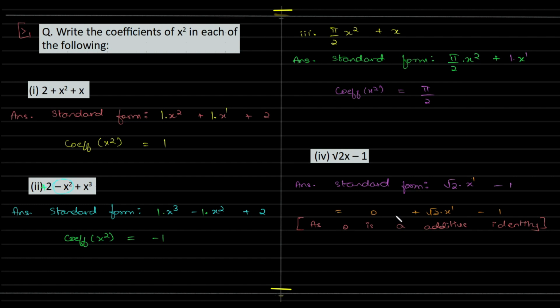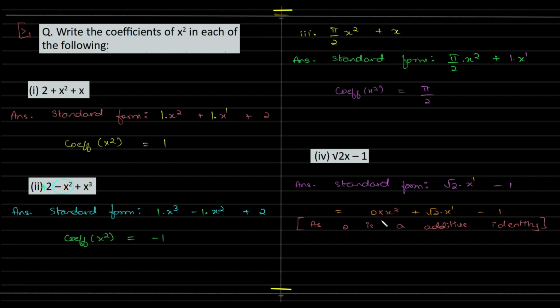Right? 0 plus 2 is 2. So I can just add 2 to this expression, things won't change. Can I multiply this with anything? Because 0 into something is 0 itself. So 0 into x square is 0. So 0 plus anything is 0. So end of it, I can do this.